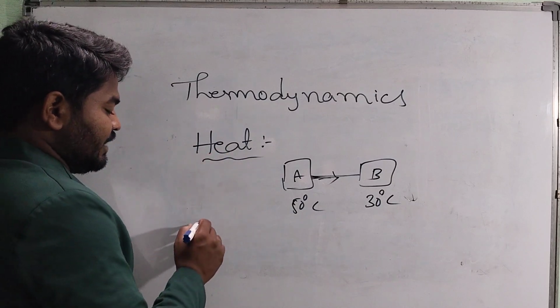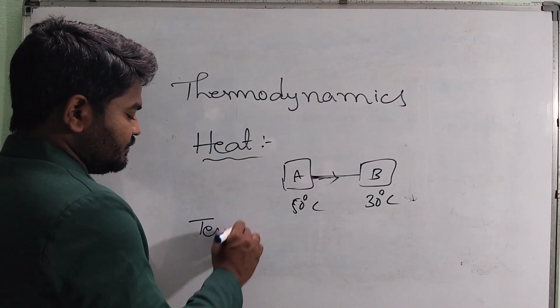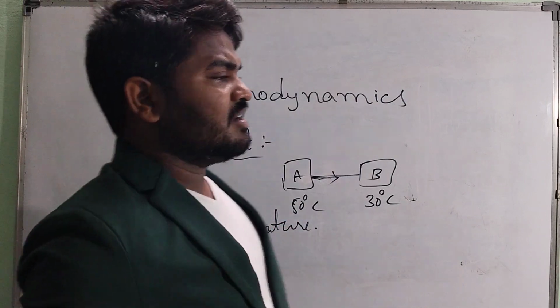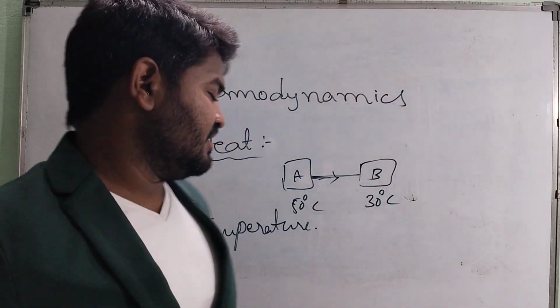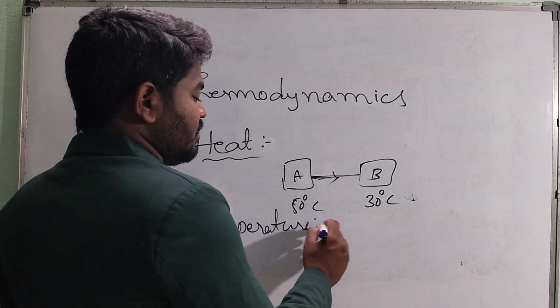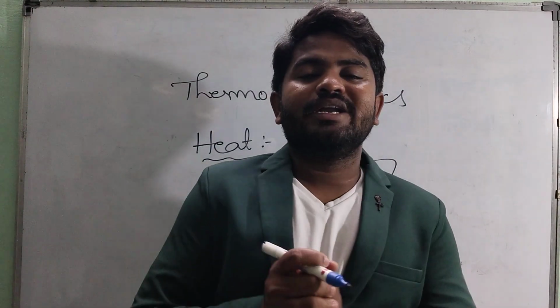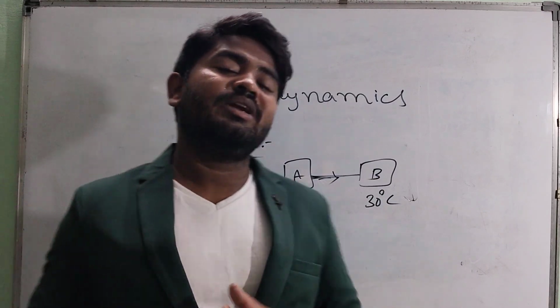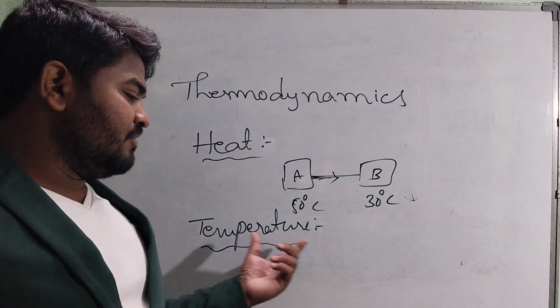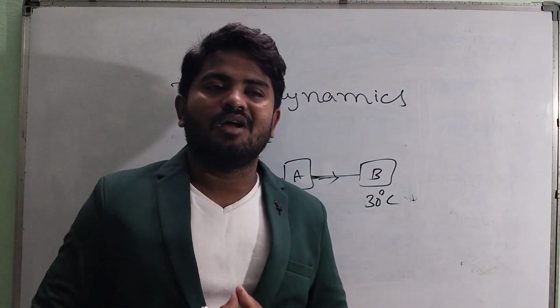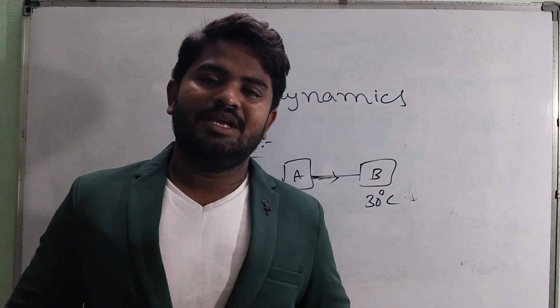And the next terminology is temperature. If you want a very simple definition, the degree of hotness or coldness of an object is called temperature. It tells how hot an object is or how cool an object is, right?